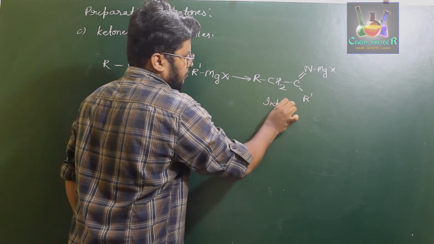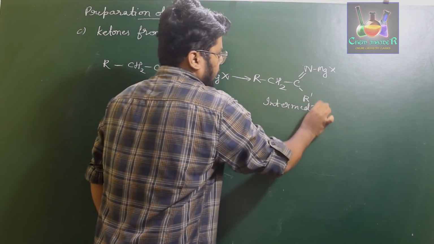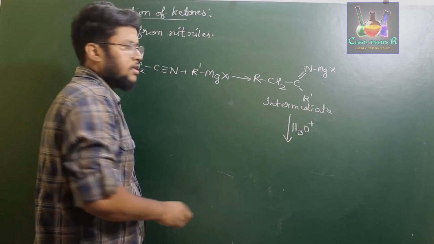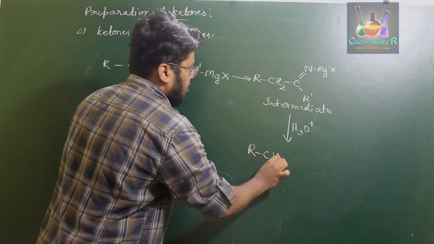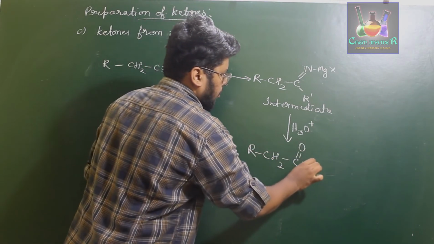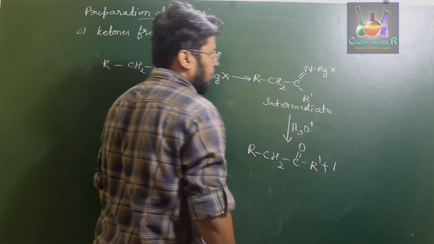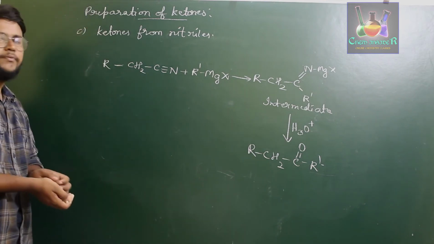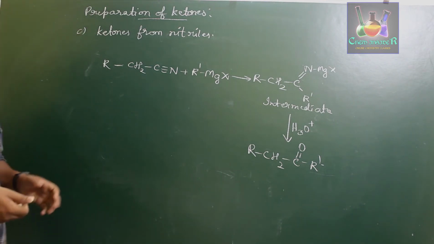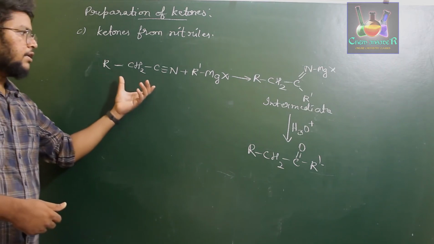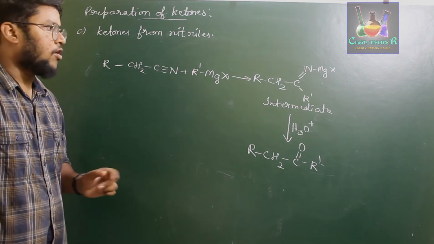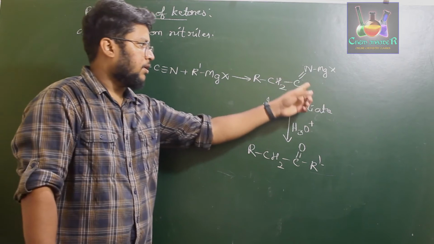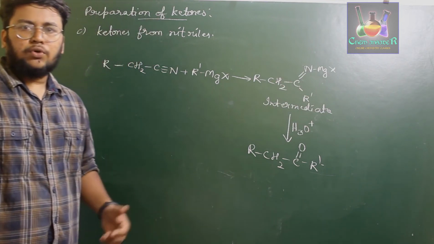This is the intermediate which is formed, which on hydrolysis yields the keto group RCH2C=O R', the alkyl ketone. So when you treat nitriles with Grignard reagent, you form an intermediate which on hydrolysis breaks the bond to form our desired ketone compound.